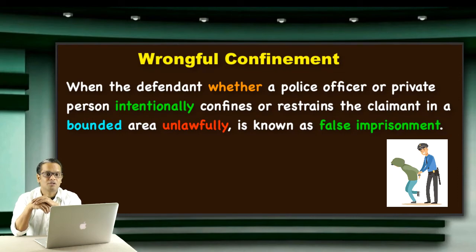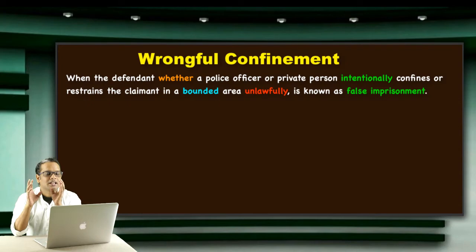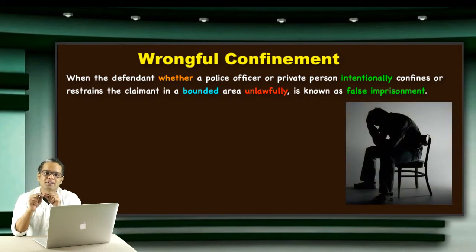So what this definition is saying is that the claimant has been confined in a given area against his or her will, and that is from the claimant's side. From the defendant's side, he did it, whether he is a police officer or private person, without any legal justification.